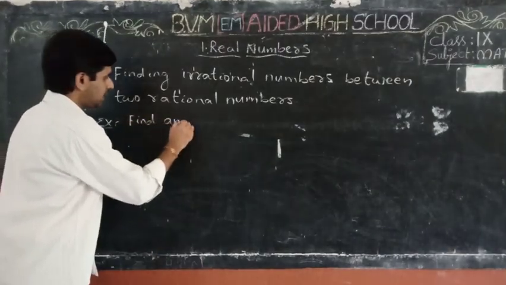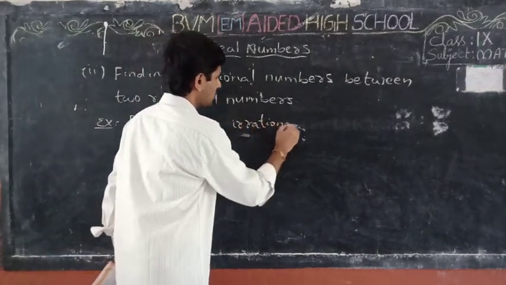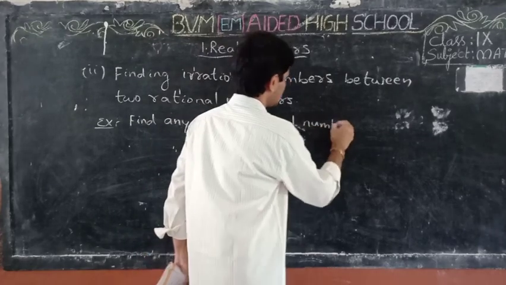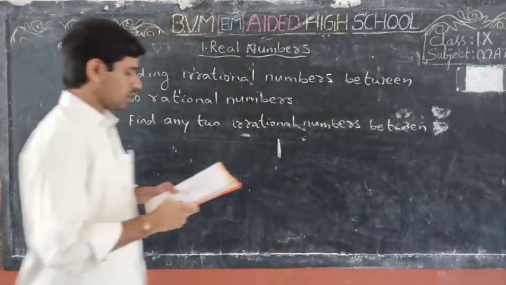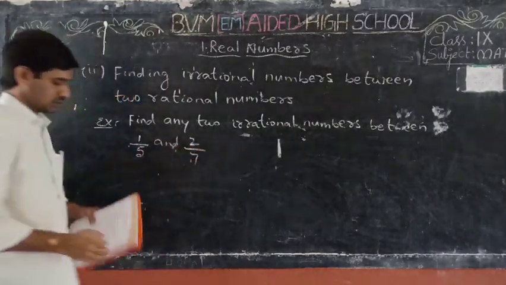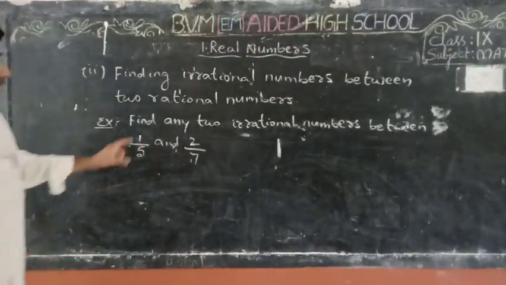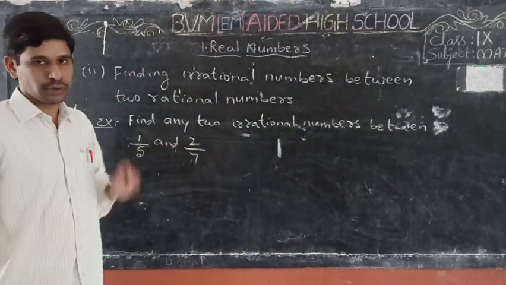Find any two irrational numbers between 1 by 5 and 2 by 7.